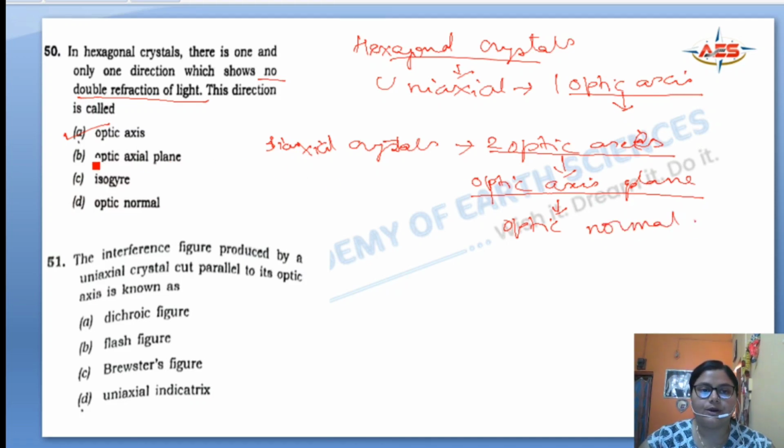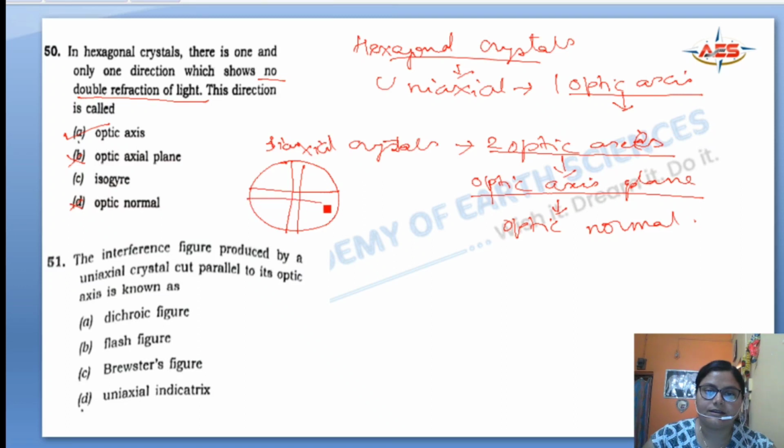So optic axial plane and optic normal are not the answers, because along them the double refraction phenomenon which is given here is not correct. And isogyre, in the case of the uniaxial mineral, these bands are called the isogyres.